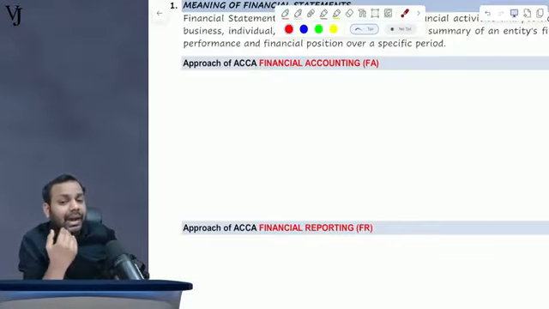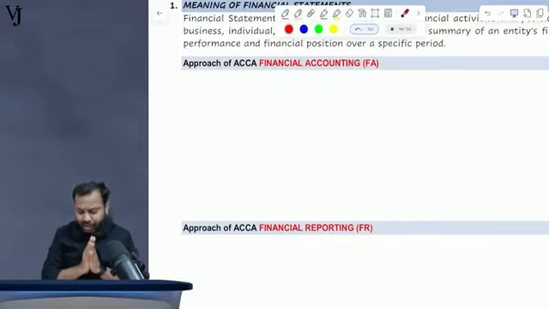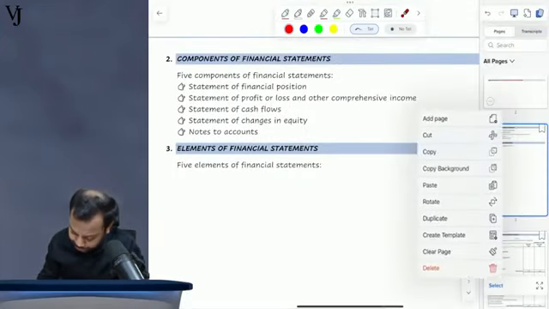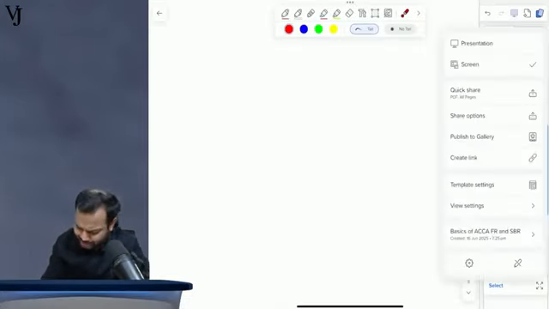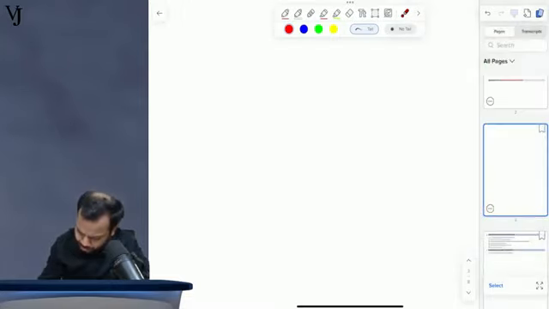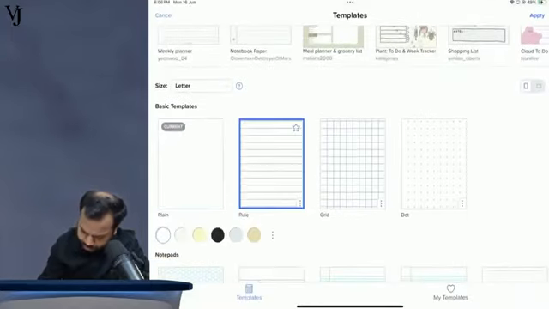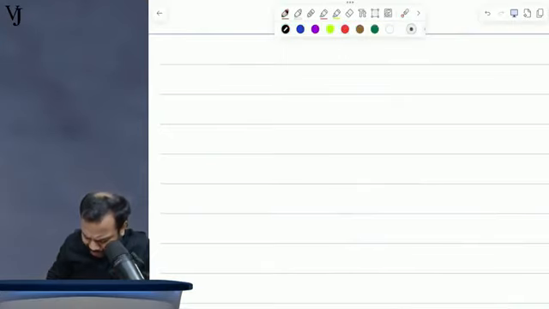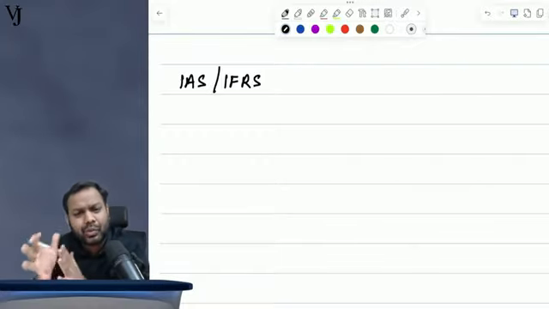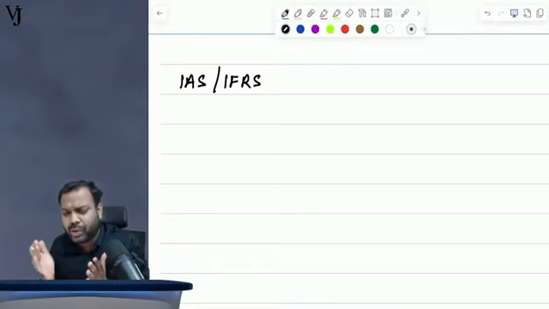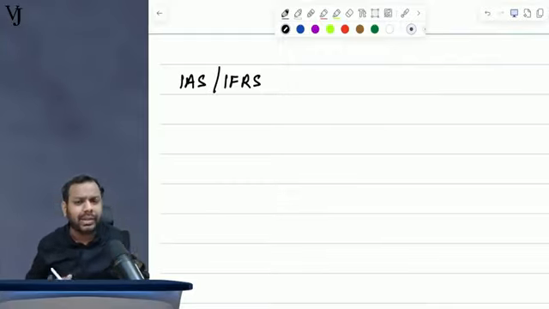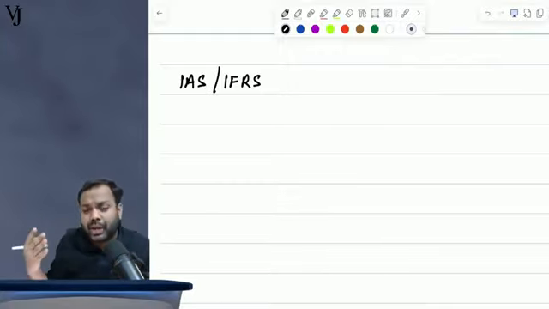Now guys, many a time I come across this query: sir, what is the difference between IAS and IFRS? Do you still have this query going on in your mind? Sometimes we use IAS, sometimes we use IFRS. What exactly is the difference?